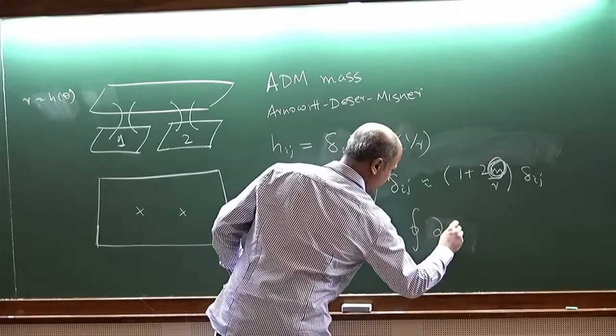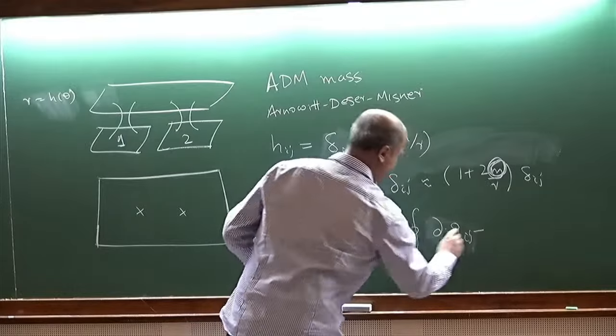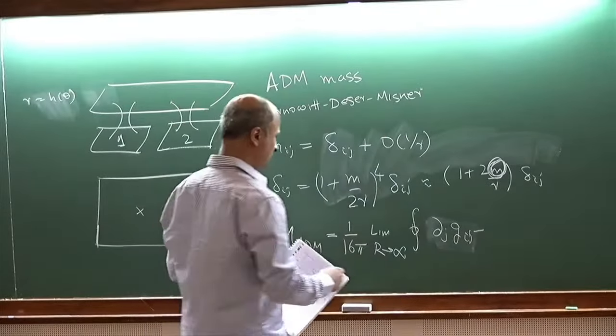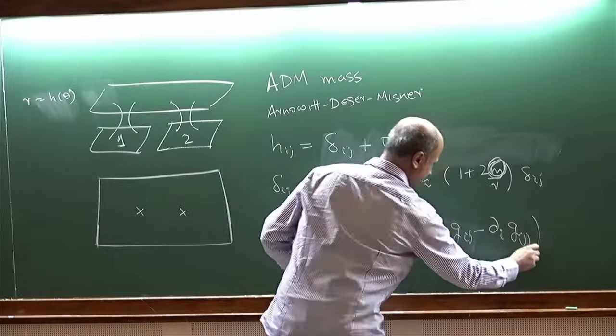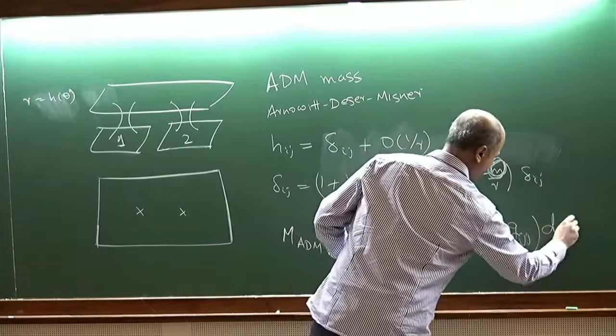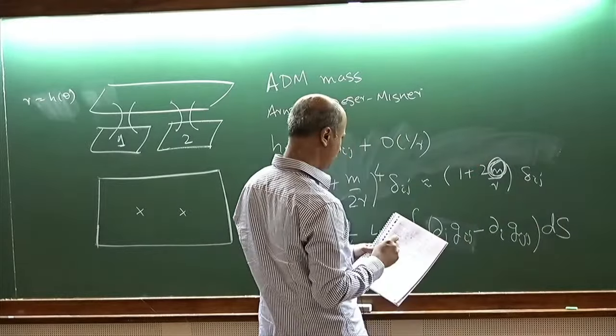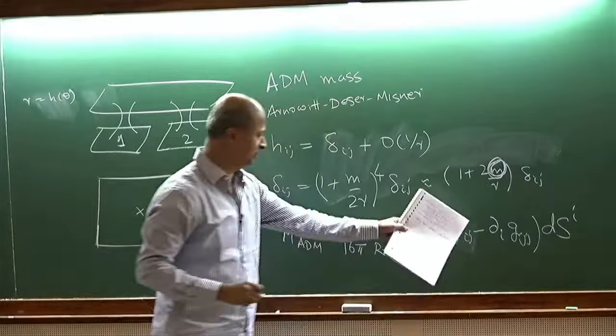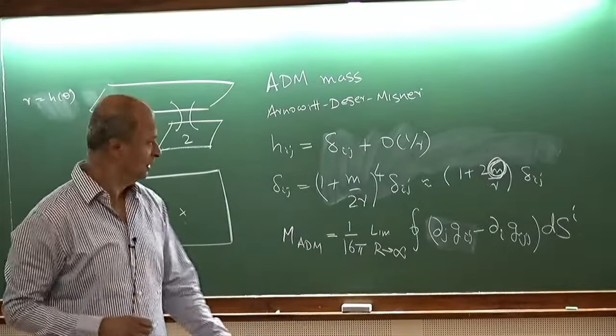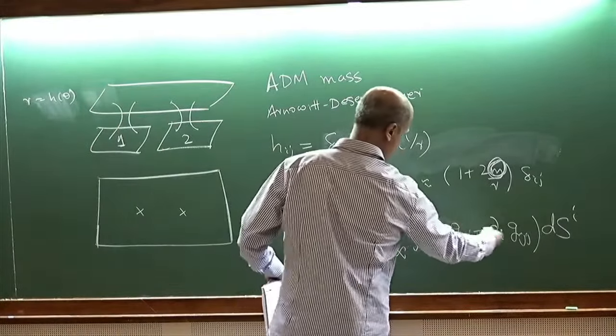So partial j of g_ij minus partial i of g_jj and then integrate that over dS^i. And the sum over j, repeated indices are summed over. So this is the same as that. This is just in a more general sense.